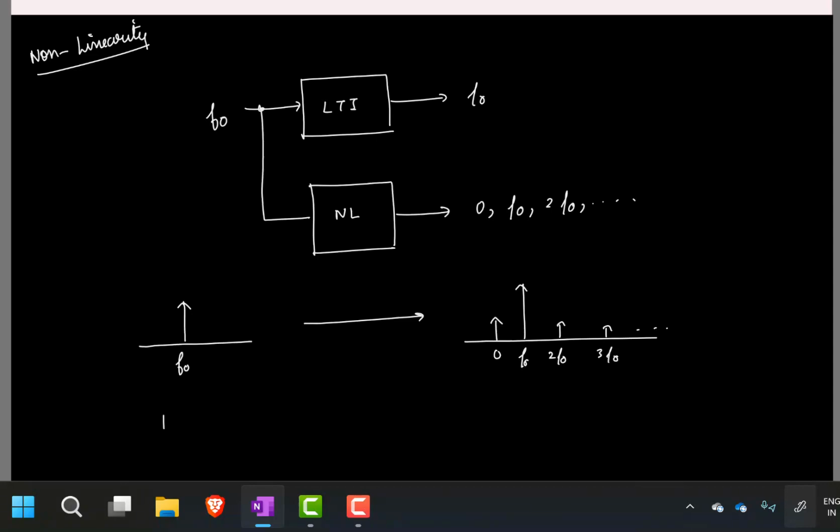So basically, if you have a pure sinusoid, in time domain the signal will look distorted. So this is called harmonic distortion.